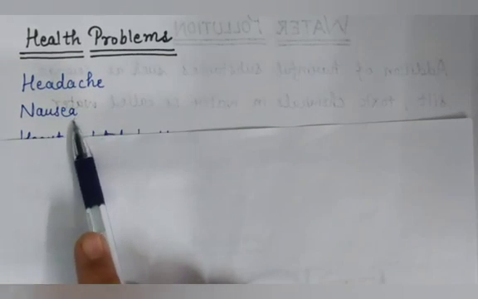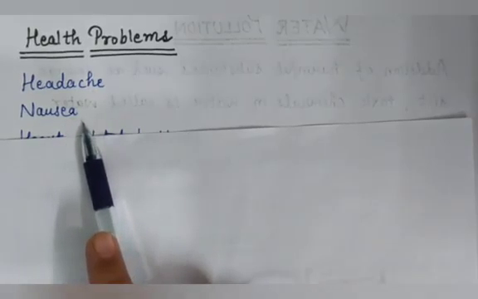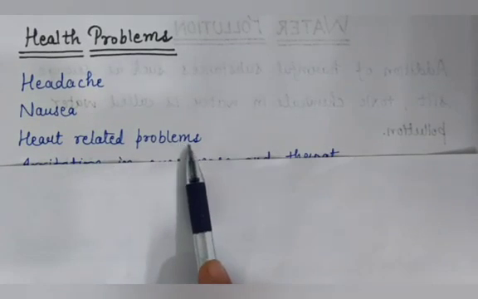Now what is nausea? A feeling of sickness, like wanting to vomit. So headache and nausea are caused by air pollutants. And next is heart related problems: long term exposure to harmful gases can cause heart related problems.